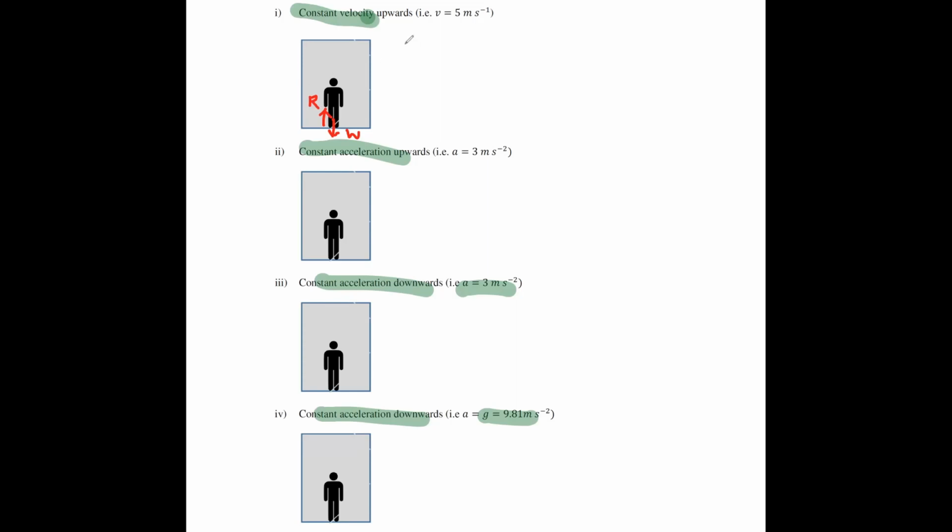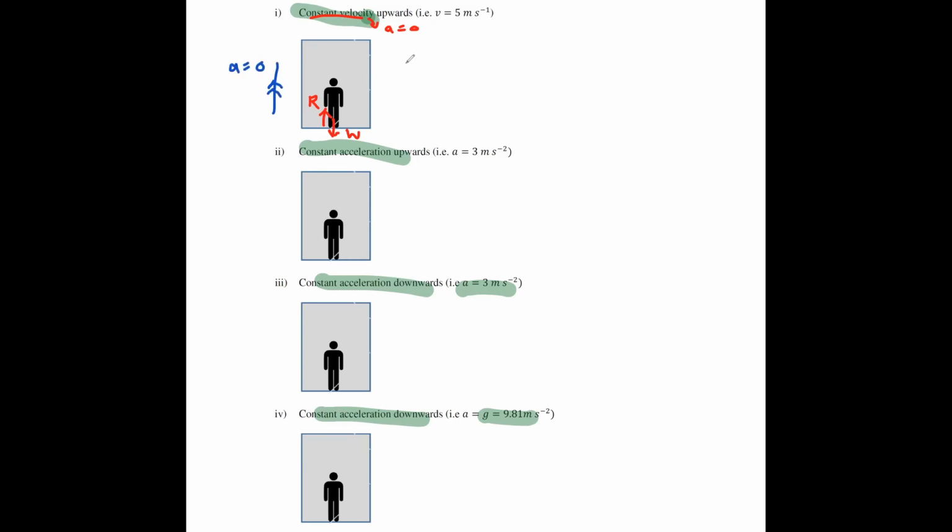Because you're moving with constant velocity upwards, that means your acceleration is 0. So even though you are moving upwards right now, your acceleration is actually 0.